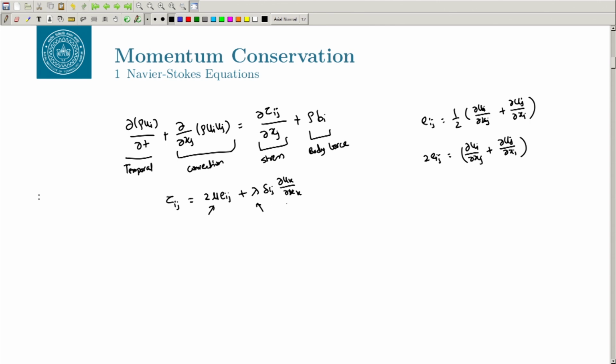It is the second coefficient of viscosity, and we also found that lambda plus 2 mu by 3 is called the bulk viscosity. Let us represent it using beta. So this is the coefficient of bulk viscosity.